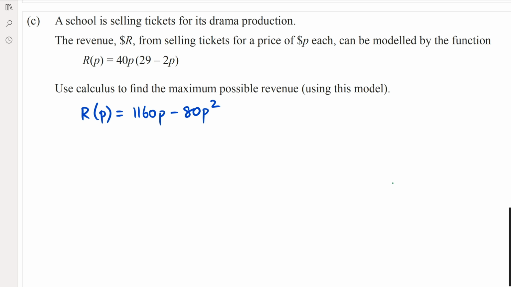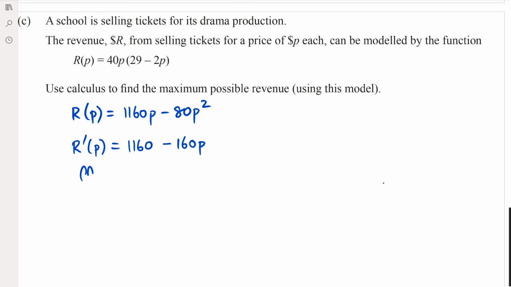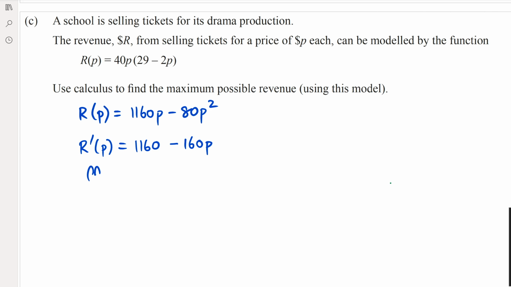Once you get that, we need to differentiate it. So R dash of P is equal to 1160 minus 160P. And we want to know when it's the maximum revenue. So we can actually say the max revenue, R dash of P is equal to 0 for max revenue.